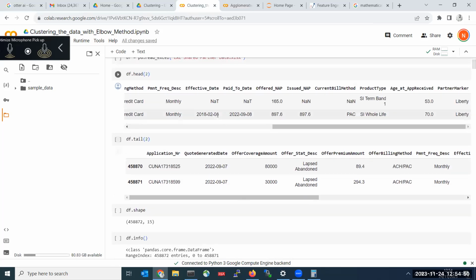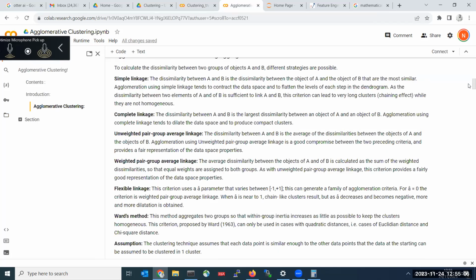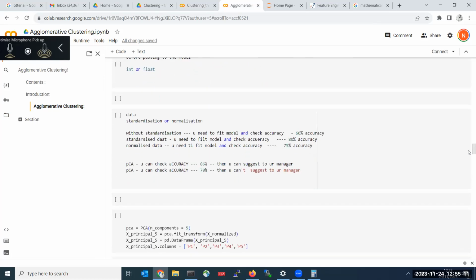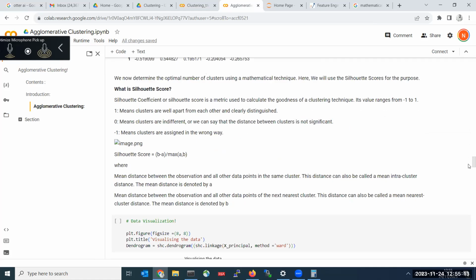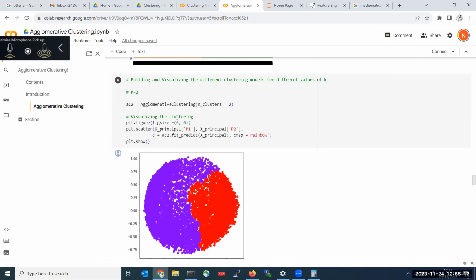And one more thing, in clustering there is no need to divide the data into training and testing. We will take the entire data for model training. We will be passing it, and this is called model training. We will be using dot fit for that. So AgglomerativeClustering with number of clusters equal to 2, right?